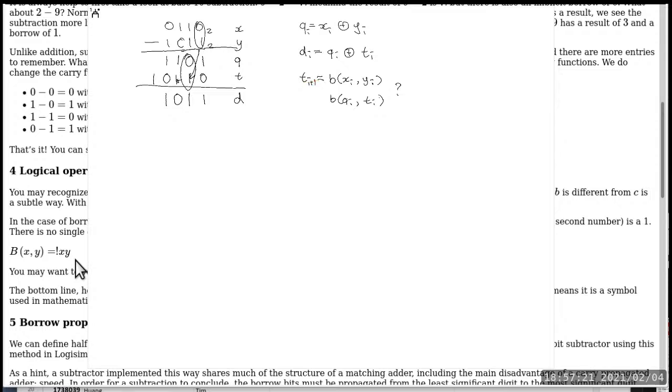Okay, T of I plus 1 can be coming, a borrow of 1 can be coming from x minus y. The borrow of 1 can also be coming from q minus t. So can we use an AND here? Okay, so here's a question. Or can I use an OR here?